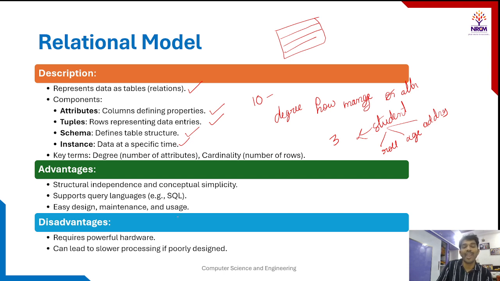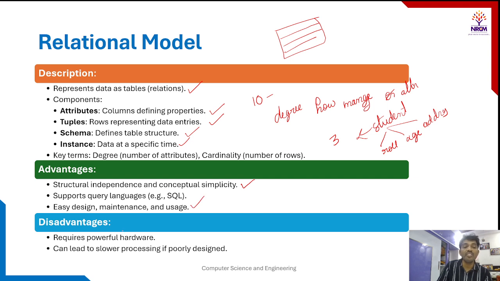And coming to the advantages. See, structure independence and conceptual simplicity. Structure independent, right? It is not going to depend on anything. It is an independent structure with conceptual simplicity, and it supports SQL, structured query language, to extract or manage the data effectively, with easy design and maintenance. Got it?